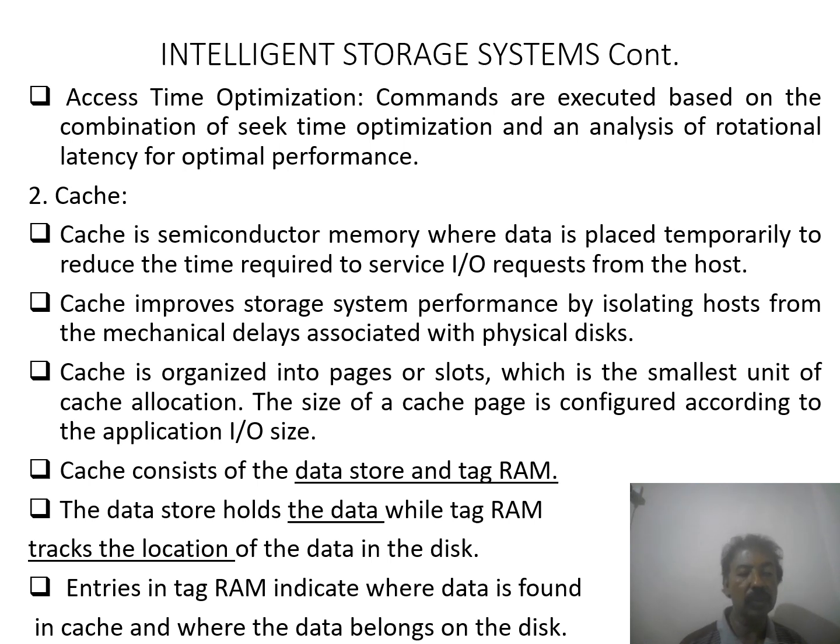The cache consists of data store and tag RAM. The data store holds the data while tag RAM tracks the location of data in the cache. Entries in the tag RAM indicate where data is found in the cache and where the data belongs on the disk.